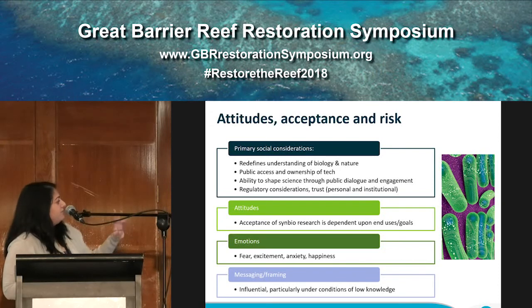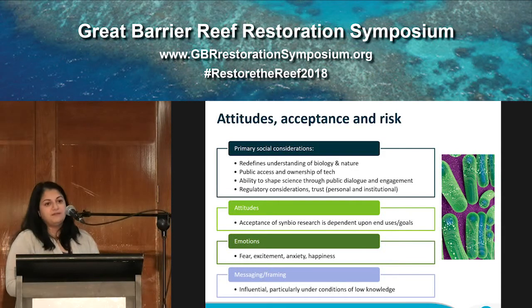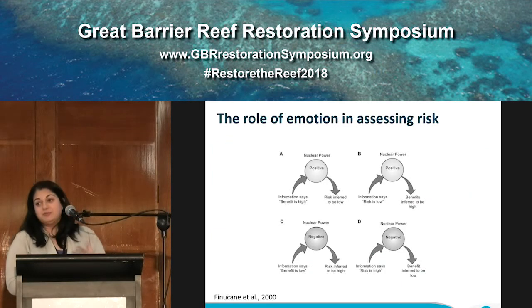The first example, A, frames the message so that the benefit is high. It could be saying that nuclear energy is the most efficient type of energy available, there's hardly any waste, whatever. If people don't know much about it, they're more likely to infer a low risk given all the benefits that are provided.